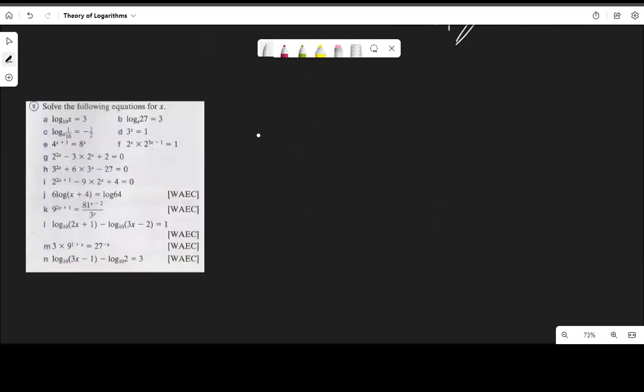Now question M, we have 3 multiplied by 9 to the power of 1 plus x equal to 27 to the power of negative x.